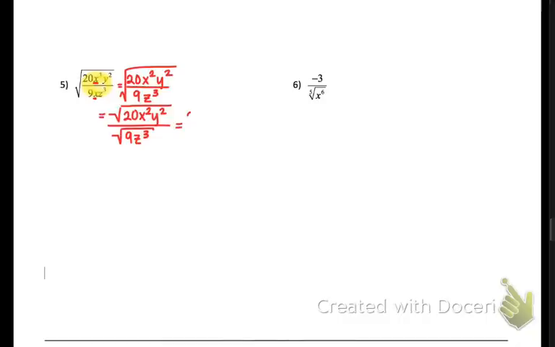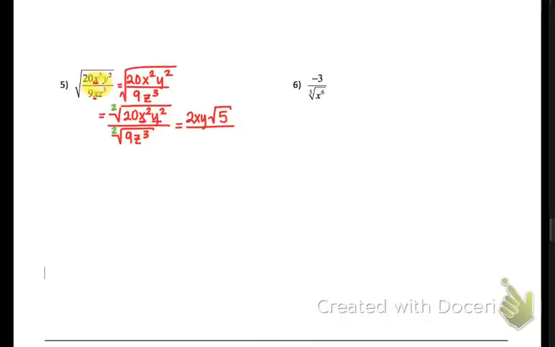So the square root of 4 is 2, and that leaves us with 5. 4 times 5 is 20. Then again, remember that the index that we're imagining is here is a 2, even though it's not written. So how many times, when we look at the x's, how many times does 2 go into 2? It goes in once with none left over. Same thing with the y's, once with none left over. So we're left with 2xy times the square root of 5 in the numerator.